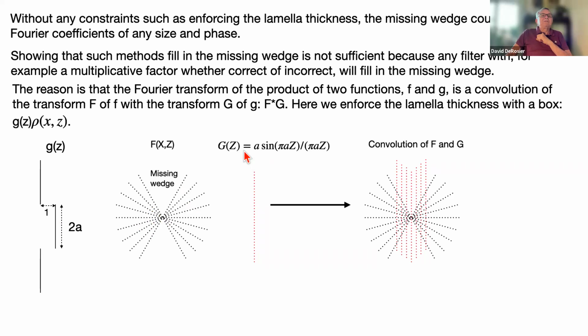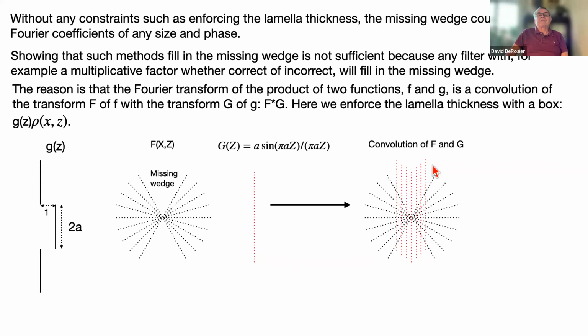And when you multiply these two together to enforce the thickness of the lamella, in Fourier space, you convolve these. That means you put this Fourier transform, which is a function of z only, down at every point in this transform, with the weight of the Fourier value there. And of course, what you do is you put it down here at 0, a little here, a little here.